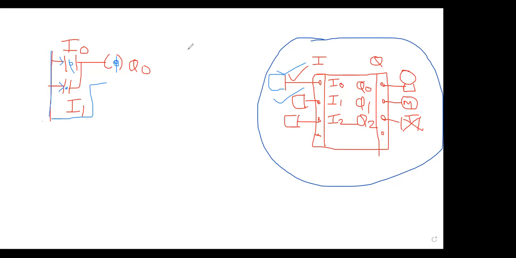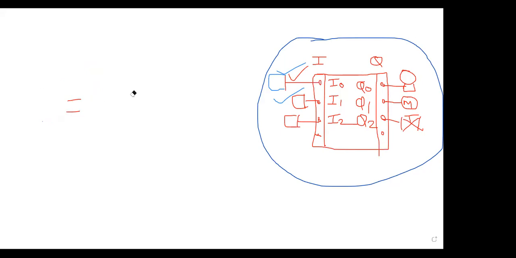It is correct. Now, next example, and make it fast. We shall reach the difficult one. Again, two switches, I0 and I1, and one output Q0. This time, press both switches, then only the lamp should be on, not by a single switch.